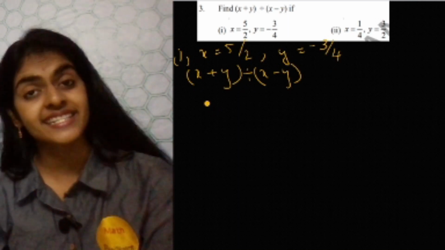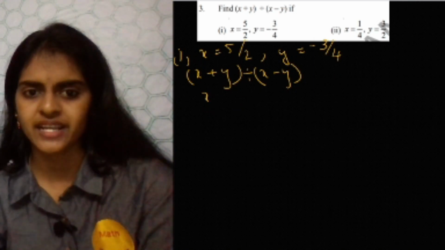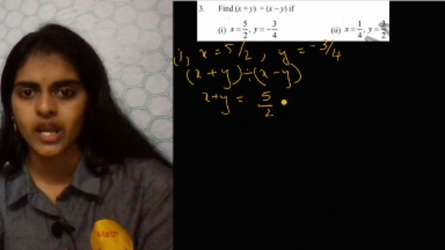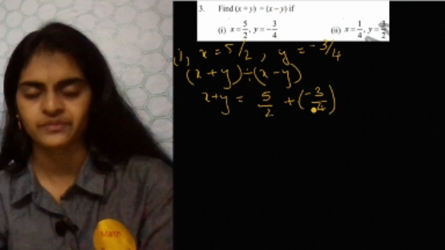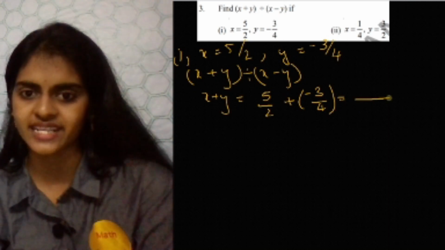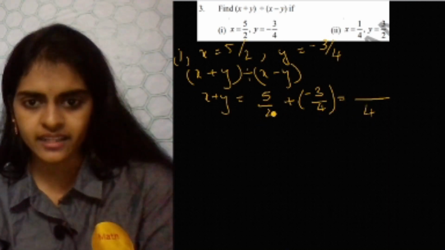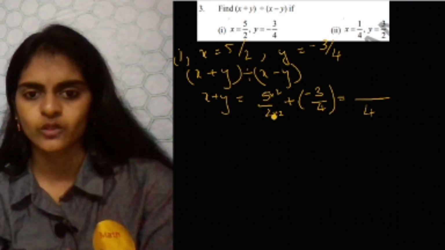Firstly, let us find what x plus y is. So x plus y is nothing but 5 by 2 plus minus 3 by 4. Clear? So let us take the LCM now. LCM of 2 and 4 is 4. So here you will multiply this by 2. So 2 twos are 4.